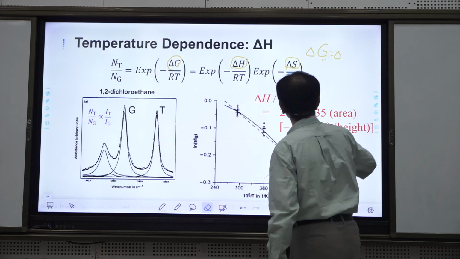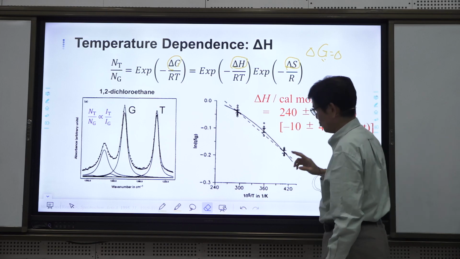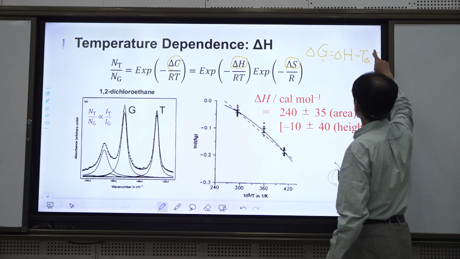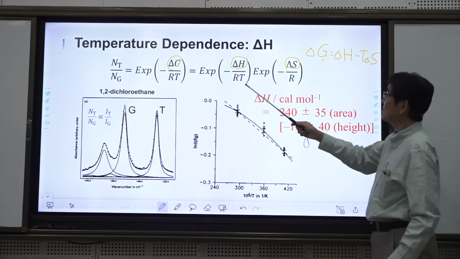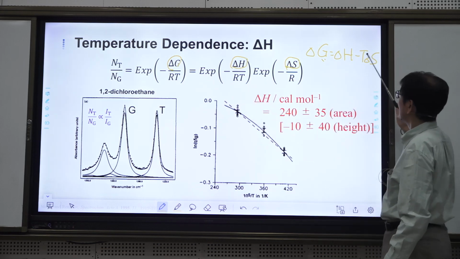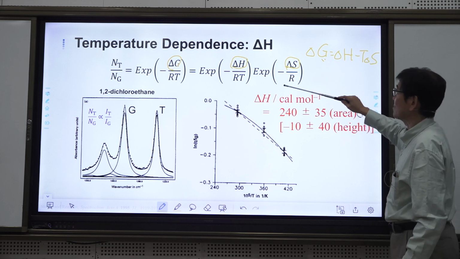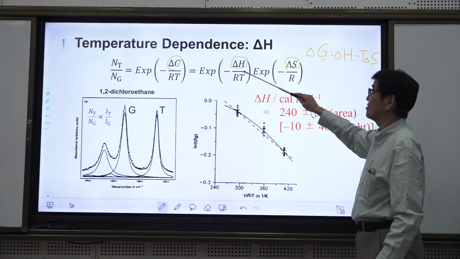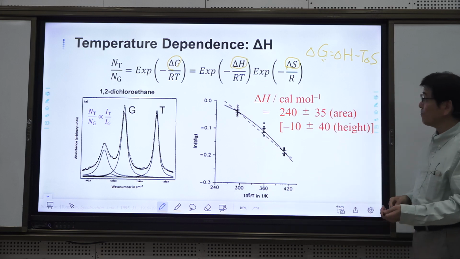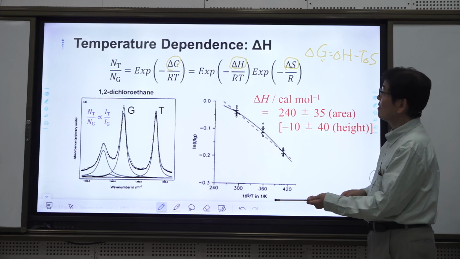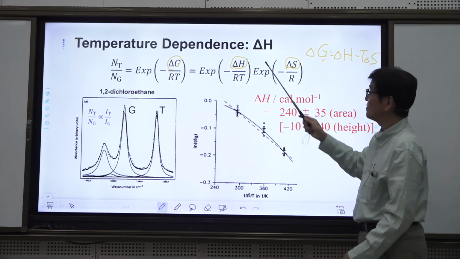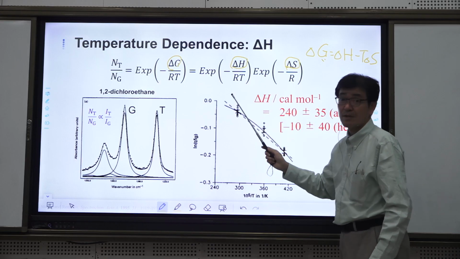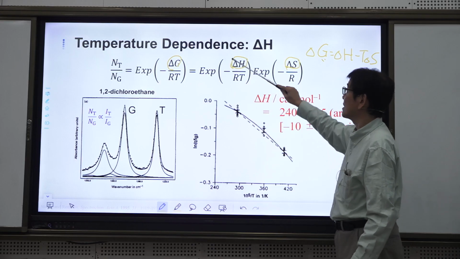So delta H minus T delta S. So by separating into two parts, T cancels with the denominator, so exponential minus delta S over R and exponential minus delta H over RT. Based on this relationship, we can measure the temperature dependence and we can derive delta H.